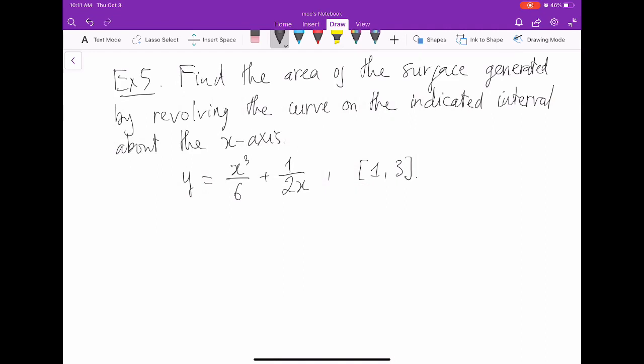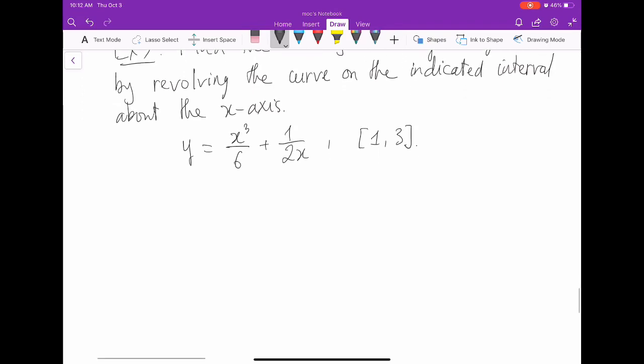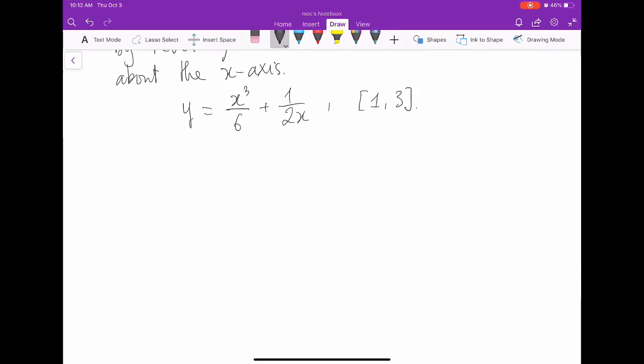The next example is: find the area of the surface generated by revolving the curve on the indicated interval about the x-axis. Our function is y equal to x cubed over 6 plus 1 over 2x. The interval is 1, 3, okay? So we have the formula for this.